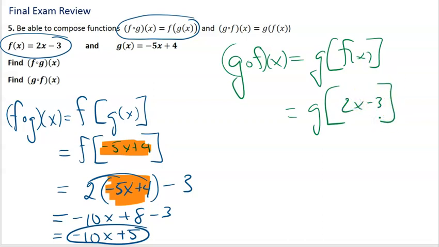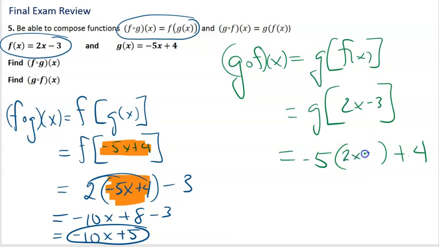Now this is telling me to do g of something. So I could write the g function down, -5 parentheses plus 4. Now what goes in there is what's in my spot here to substitute in. So 2x minus 3 goes in this spot.